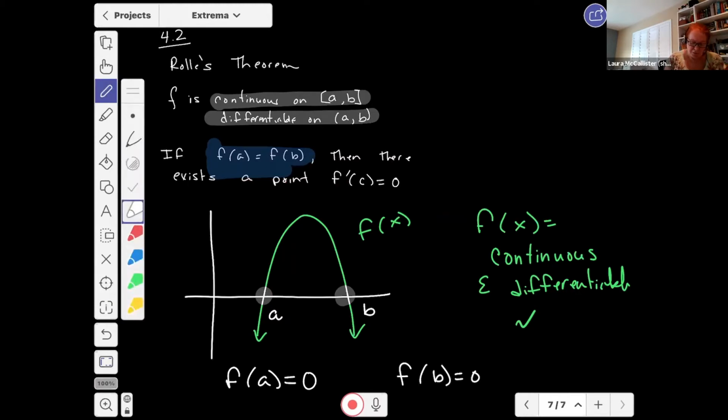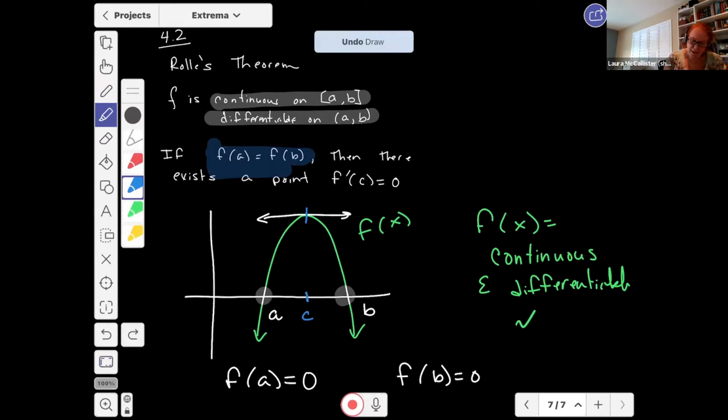Where is the first derivative equal to 0? First derivative is equal to 0 right here, where this is some value c. So I can say that f prime of c is equal to 0.